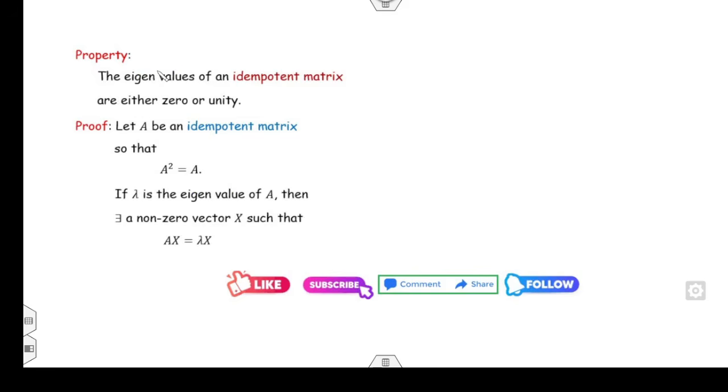Let lambda be the eigenvalue of A, so that Ax is equal to lambda x. I can pre-multiply both sides by A. So it's A square of x. It is A into lambda x. I can take lambda outside. This term is my Ax. So what is the meaning of that?